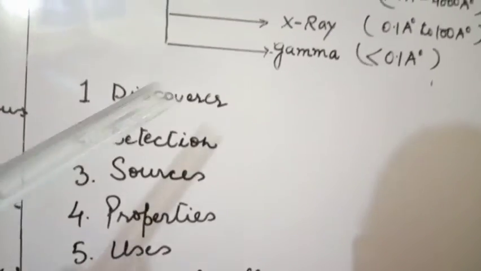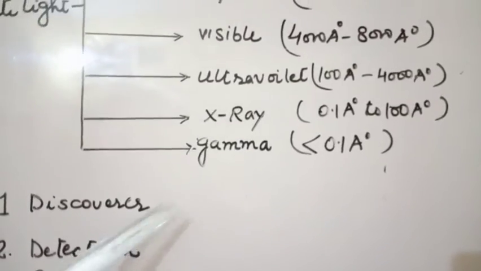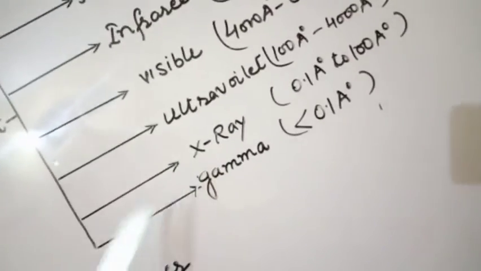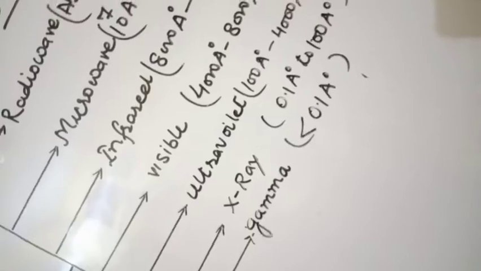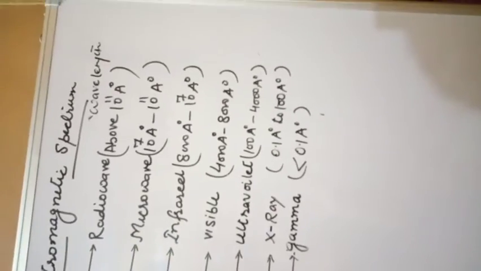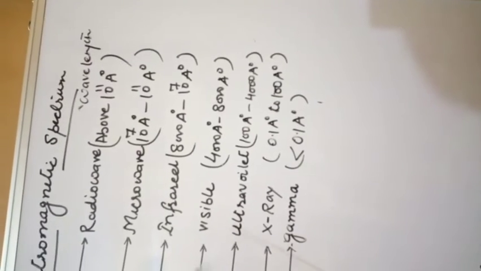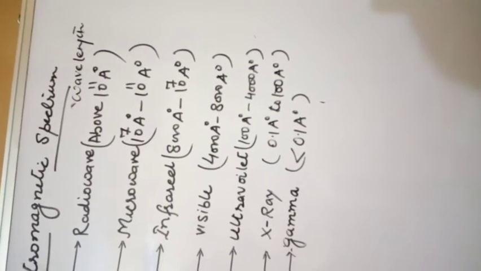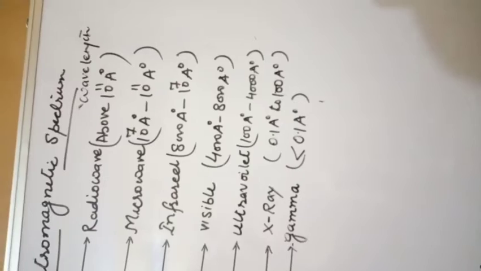Next is the source. The gamma ray source is cosmic rays, and X-ray source is from heavy metal. When we target electrons on the heavy metal, when they strike and penetrate through the heavy metal, X-ray is produced. Ultraviolet, sunlight is a good source of ultraviolet. Visible light also, sunlight is a good source.